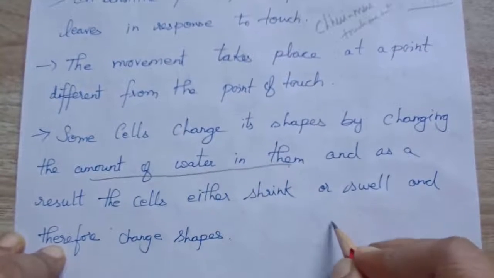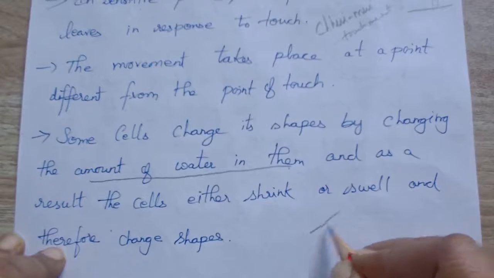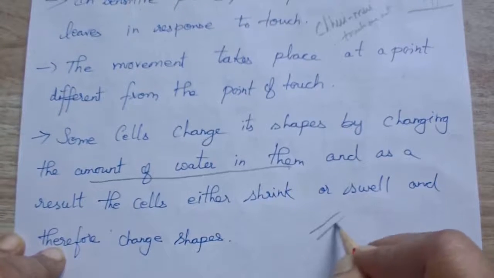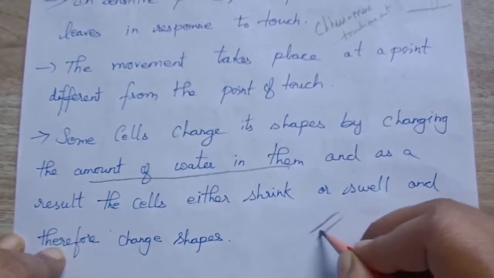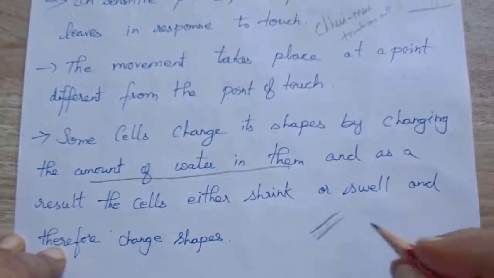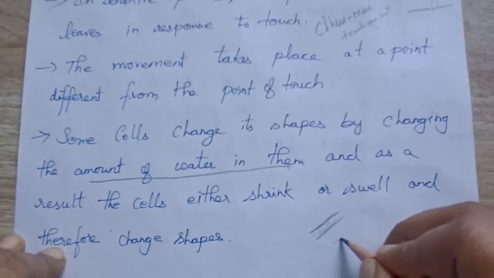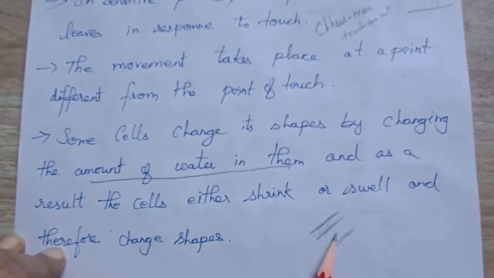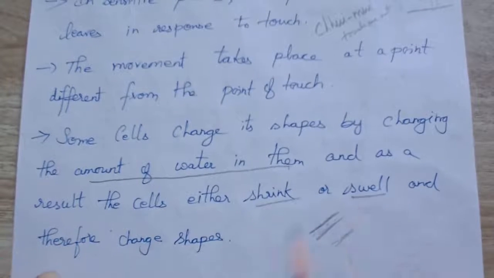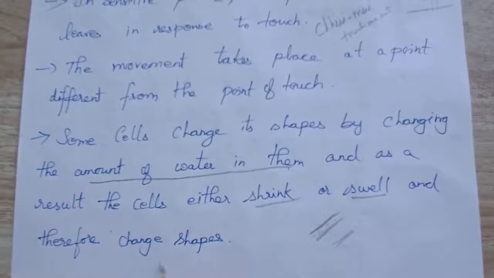For example, if a part of the plant is full of water, it will be swollen like this. If there is no water, it will shrink like this. So based on the amount of water in them, the cells will shrink or swell, and therefore the shape changes.